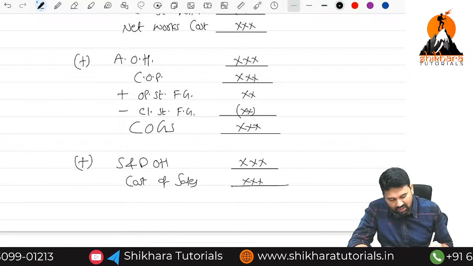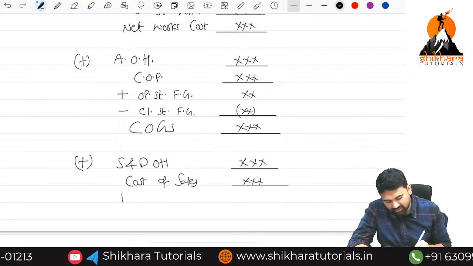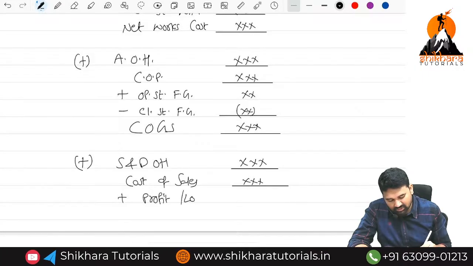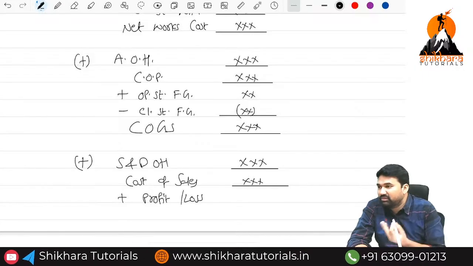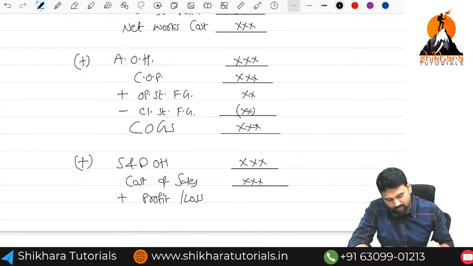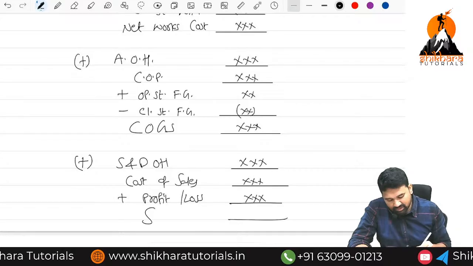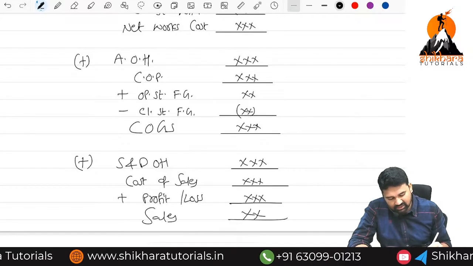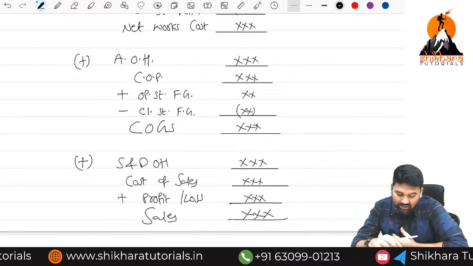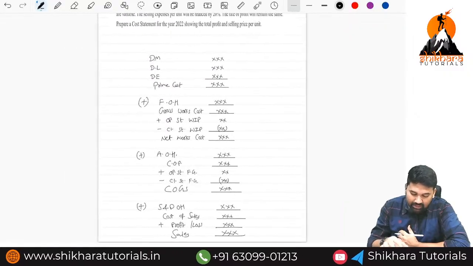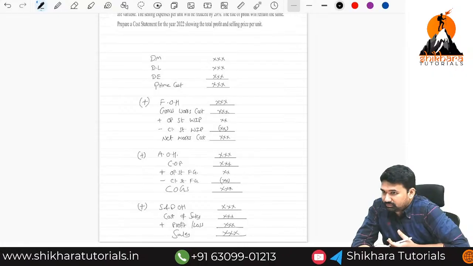So after cost of sales arrived, we have to add profit or loss. Profit is the profit, loss is the loss. And the last result will be called sales. This is the ultimate structure of cost sheet, which we have revised multiple times so far.